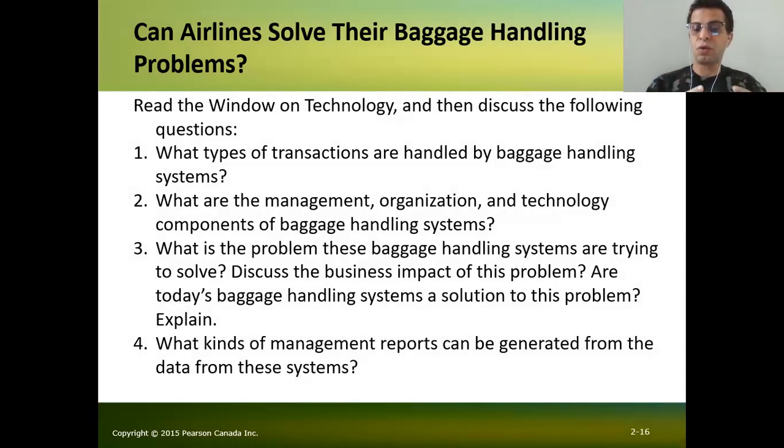What are the management, organization, and technology components of the bag handling system? You need to think about what problem these bag handling systems are trying to solve. Discuss the business impact of this problem. Is today's bag handling system a solution to this problem? What kind of management reports can be generated from the data?